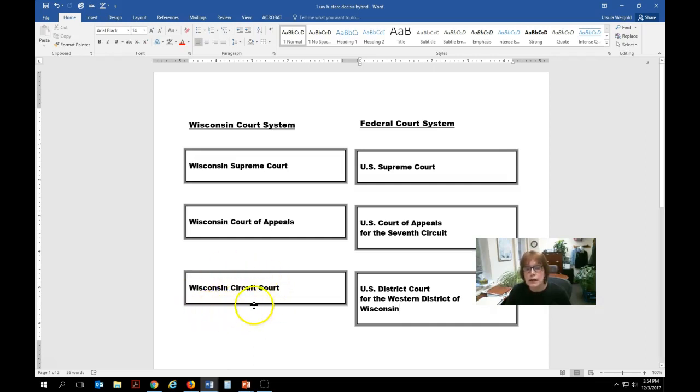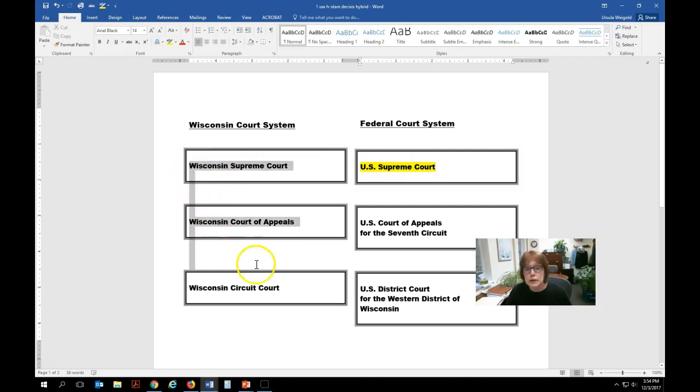Well, just as in the opposite situation, it's no stretch, of course, to note that the Wisconsin Circuit Court, the trial courts in Wisconsin, state courts, would look first to the United States Supreme Court in interpreting federal law. The United States Supreme Court is the final arbiter of federal law.